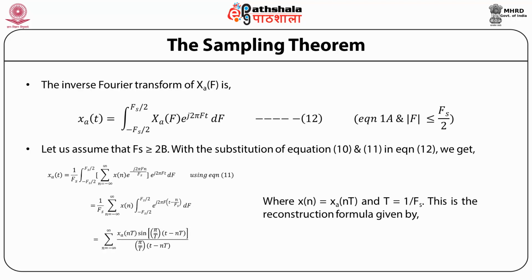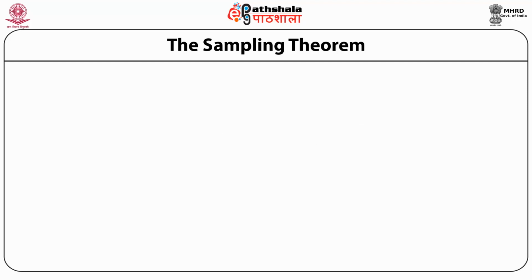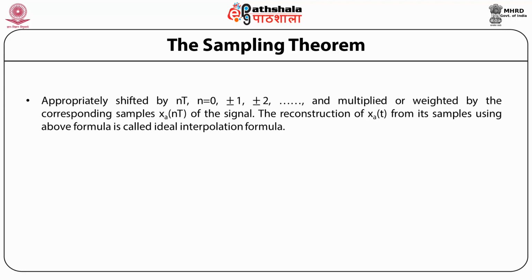This is the reconstruction formula, appropriately shifted by nT, where n is equal to 0, plus or minus 1, plus or minus 2 and so on, and weighted by the corresponding samples xa(nT) of the signal. The reconstruction of xa(t) from its samples using the above formula is called the ideal interpolation formula.